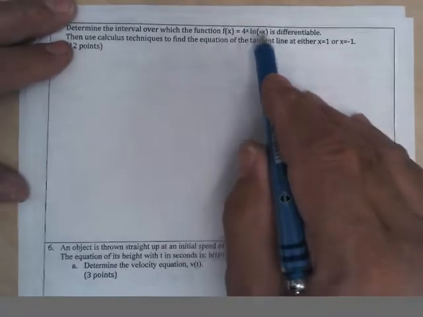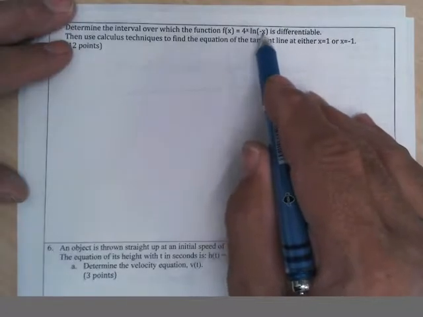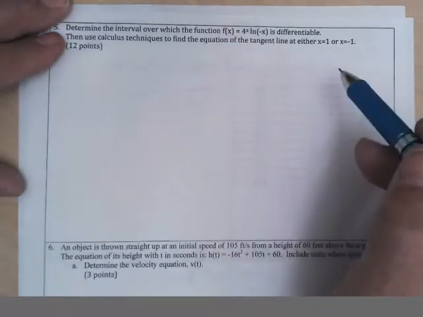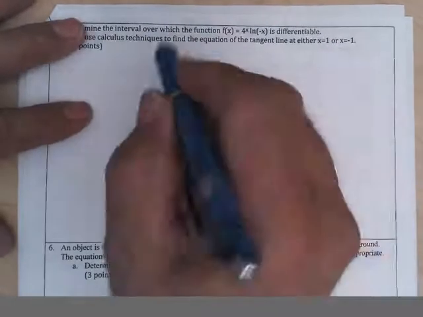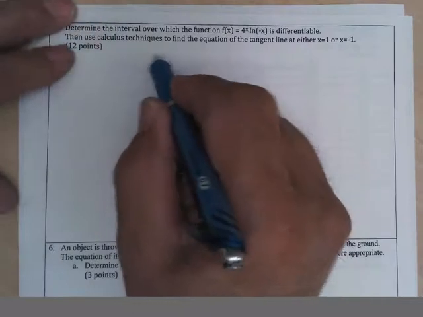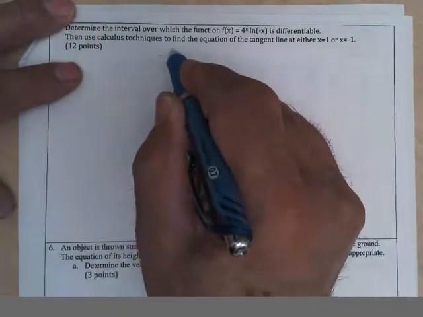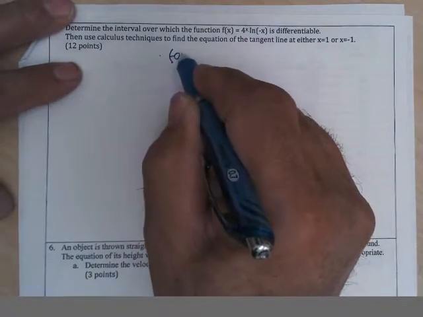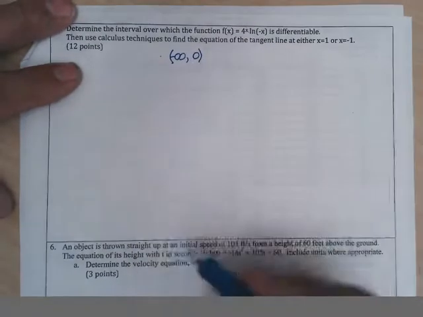You can't take logs of 0 or negative numbers. So x is going to have to be negative to make them positive numbers. So it's differentiable over the interval from negative infinity to 0, and not including 0.